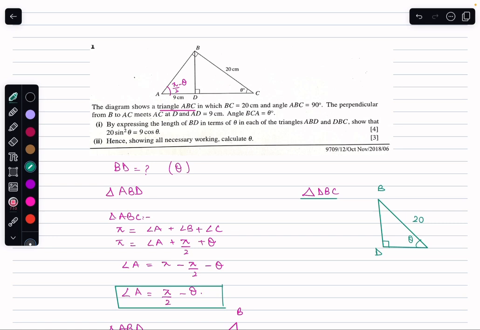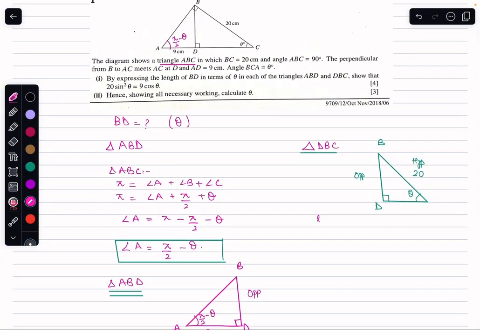Again we are supposed to find the length of BD. With respect to θ, BD is going to be our opposite and BC is going to be our hypotenuse. Opposite and hypotenuse is the ratio for sine θ. Therefore, sin θ is equal to BD over BC.